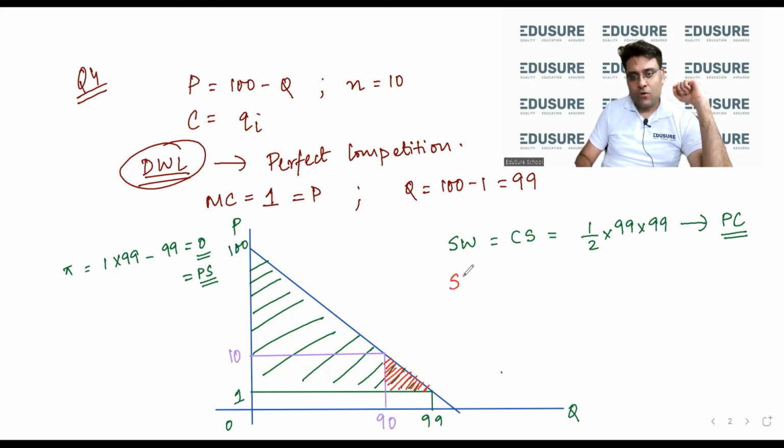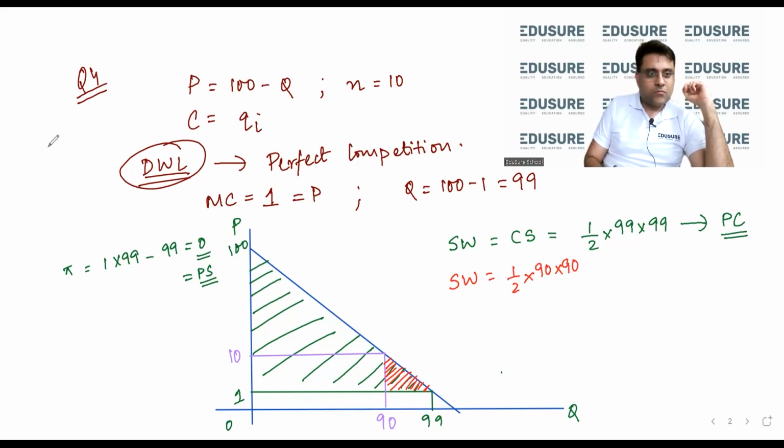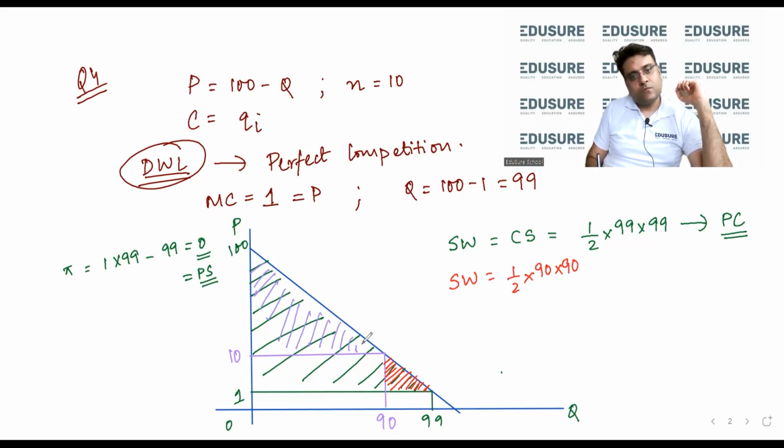Social welfare now is basically the consumer surplus, which is half into 90 into 90, this upper part above the 10. And the producer surplus is this lower rectangle that we have. What is lost in the social welfare is this small triangle.